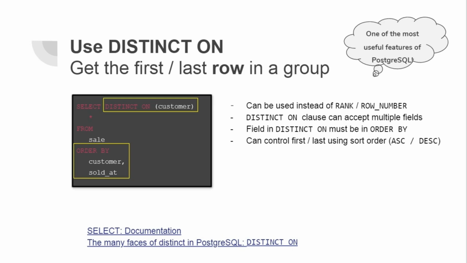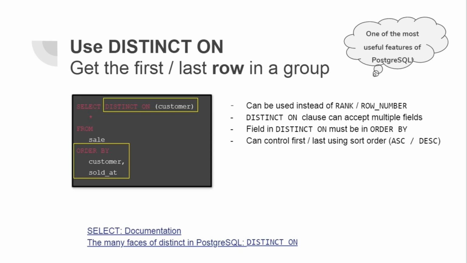Let's say, for example, we want to find the last sale made by each customer. If you try to think about it for a minute, how would you find the first row for each customer in the database? So one way to do it is using analytic functions like row number and rank. A better way to do it is to use distinct on.